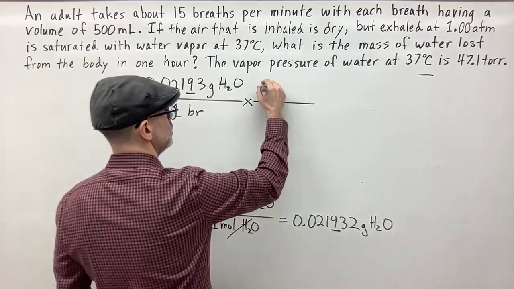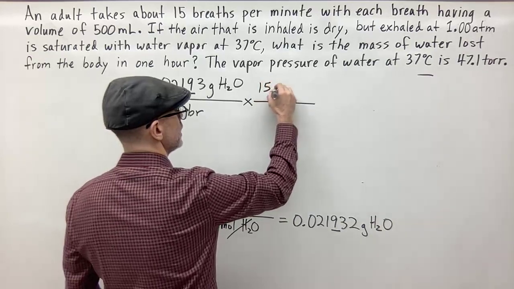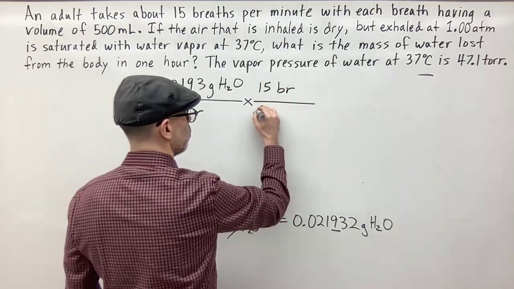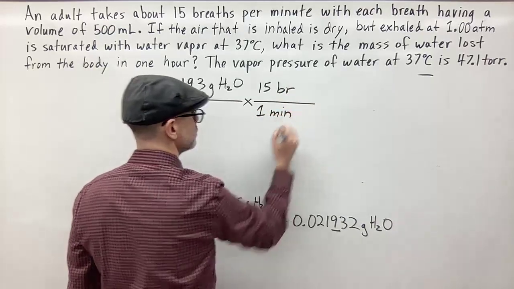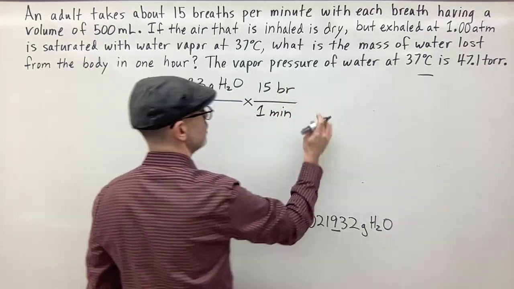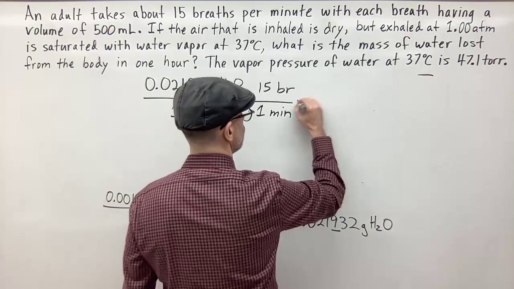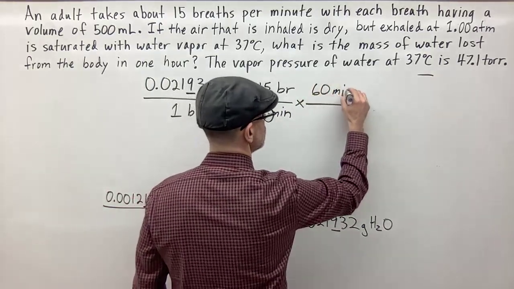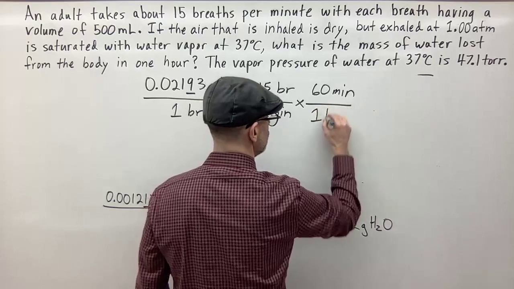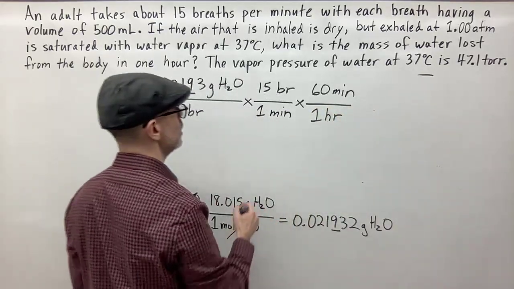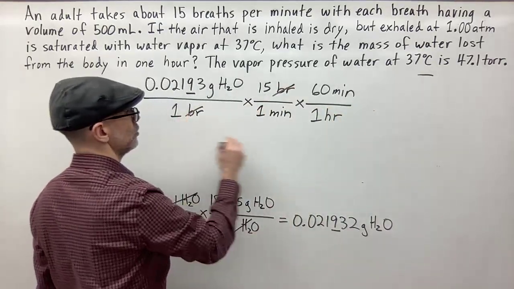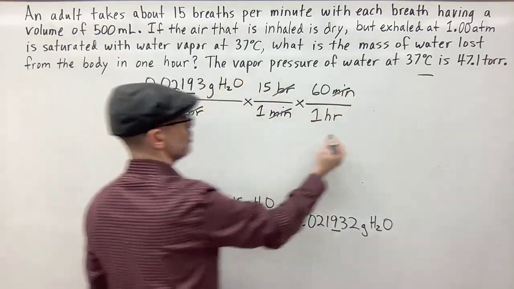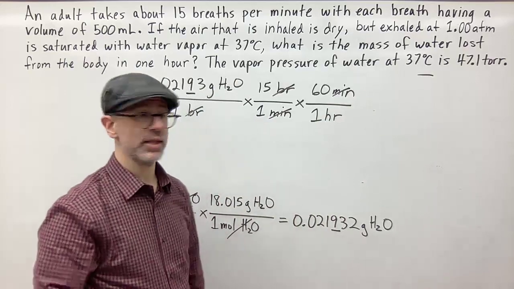So I'm going to put 15 BR for breaths in 1 minute, and then I can convert minutes to hours. So I know that there are 60 minutes in 1 hour. So breaths will cancel out, minutes will cancel out. Now I have grams per 1 hour of breathing.